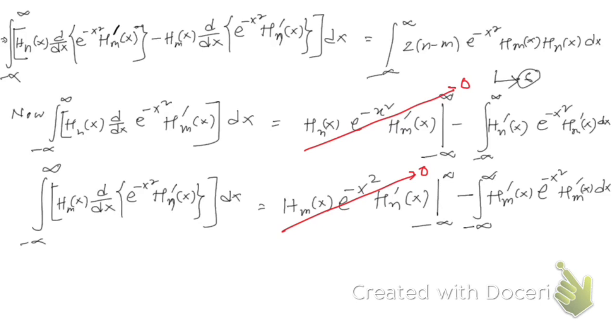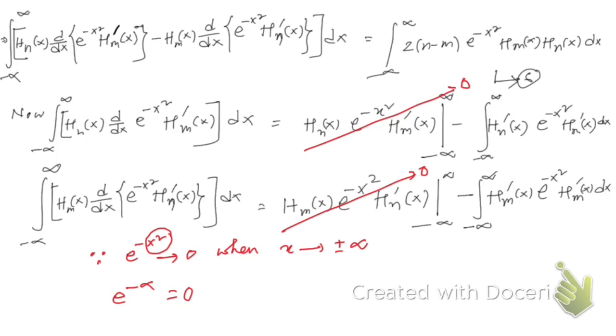equal to 0, since e to the power minus x square tends to 0 when x tends to plus or minus infinity, because e to the power minus infinity is 0, and it doesn't matter here whether the value of x is positive or negative.